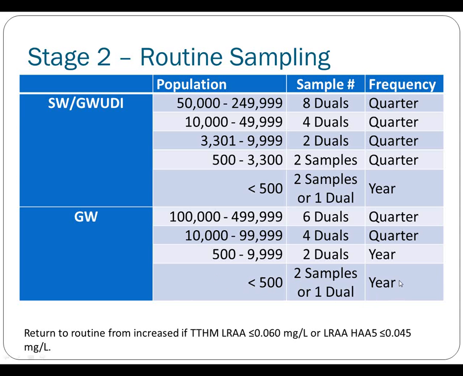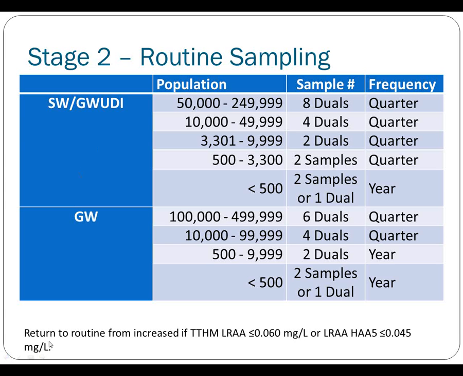We are advising systems, if it makes sense, to take the 1 dual per year because it will make the sampling simpler and it would reduce the chance that the TTHM sample gets taken at the HA5 site and vice versa, which would lead to a monitoring and reporting violation. But keep in mind, if your water system has some compelling reasons to split those samples, please do that.